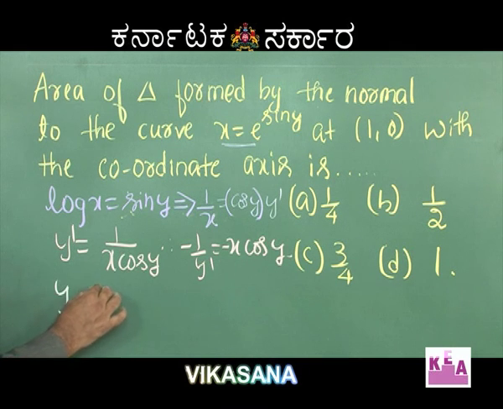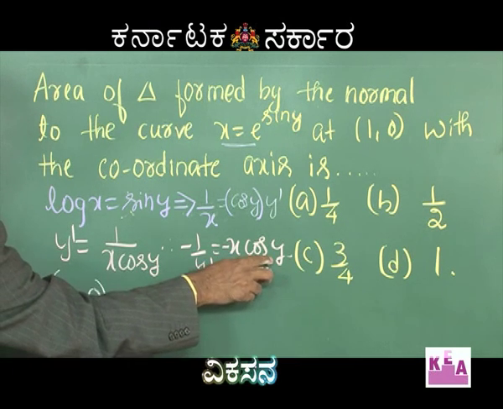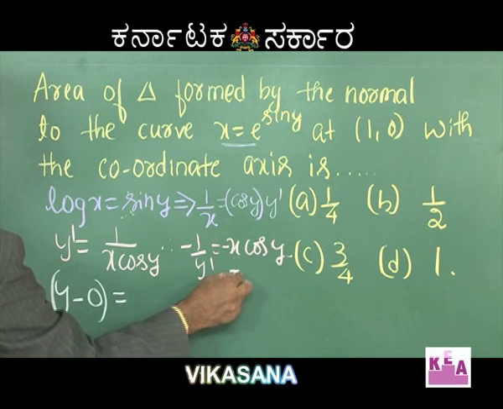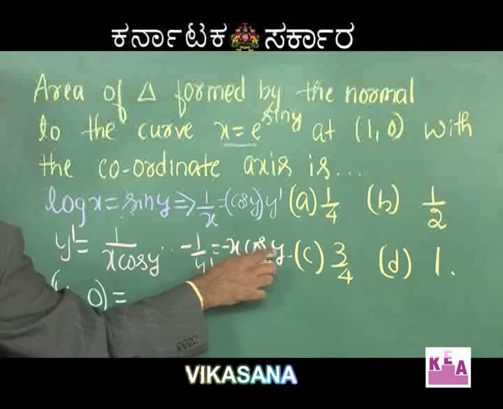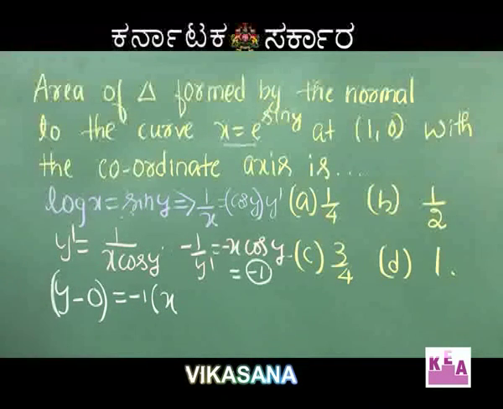Therefore, y minus 0, because y1 is 0, is equal to the slope. What is the slope? Put x is equal to 1, y is equal to 0. We will get minus 1 by y dash will definitely be equal to minus 1. So, therefore, minus 1 times x minus 1.